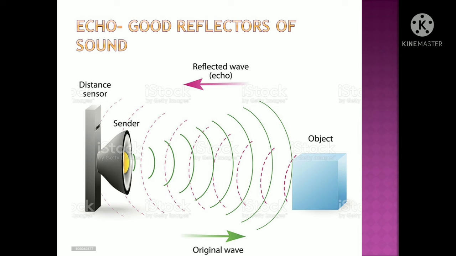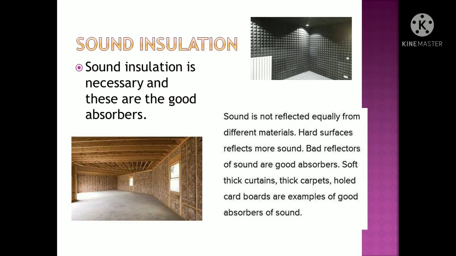But sometimes we should prevent this echo. So how will we prevent it? Let's see. Here, sound insulation is necessary, and these are good absorbers. They absorb the sound. Here the soft and porous materials, which are very bad reflectors of sound, are used.